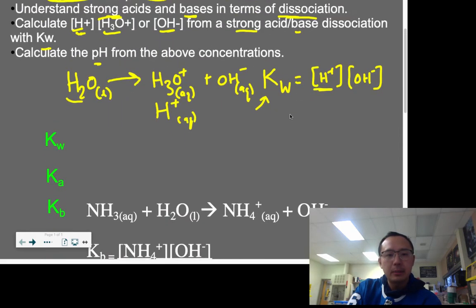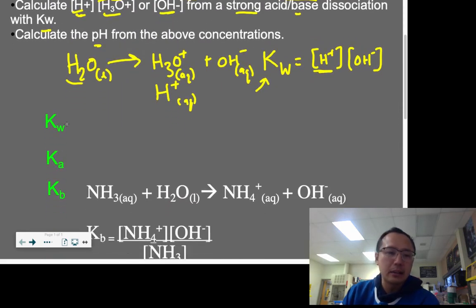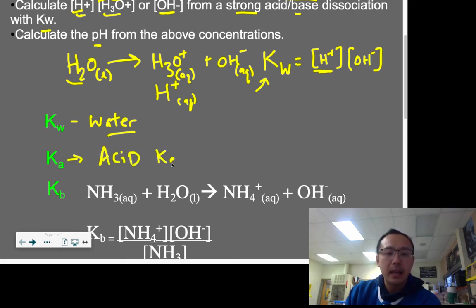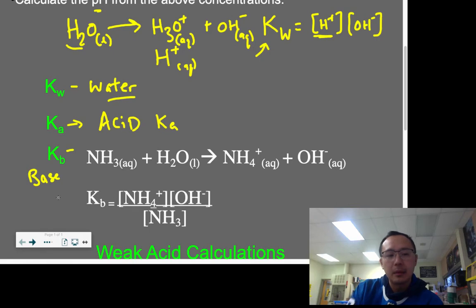When we talk about Kw, that's your ionization constant for water, right? So this is just how water dissociates. But there's also one ionization constant for acid, that's why it's called Ka, and there's also one for base, that's why it's called Kb. So if we were to look at the Kb for a second, if we were to look at the weak base ammonia, you can see that this is ammonia in aqueous solution.